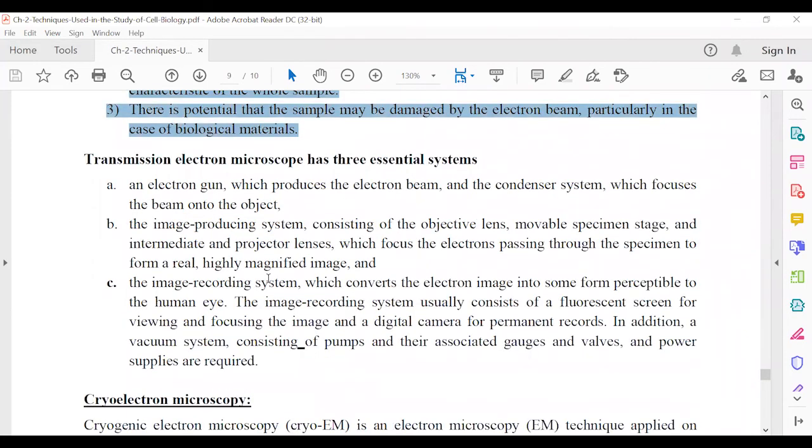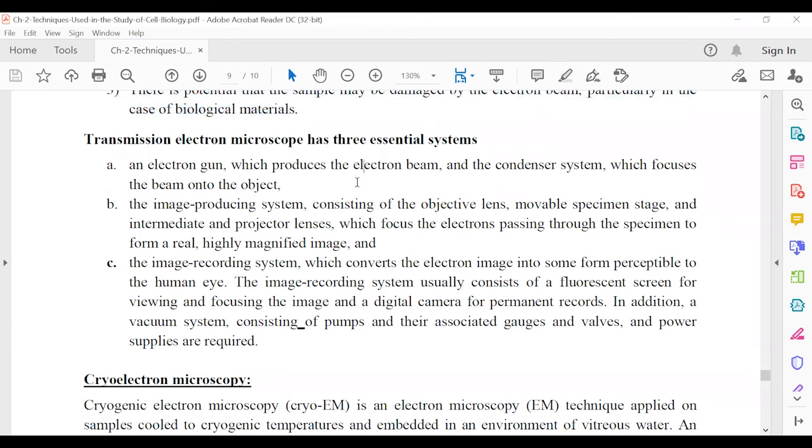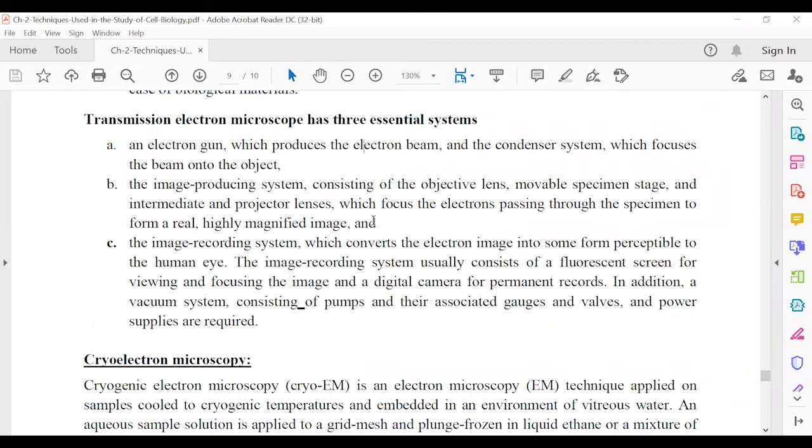Transmission electron microscopy has three essential systems needed for its operation. An electron gun, which produces the electron beam, and the condenser system, which focuses the beam onto the object. Then the image producing system, consisting of the objective lens, movable specimen stage, and intermediate and projector lenses, which focus the electrons passing through the specimen to form a real, highly magnified image.